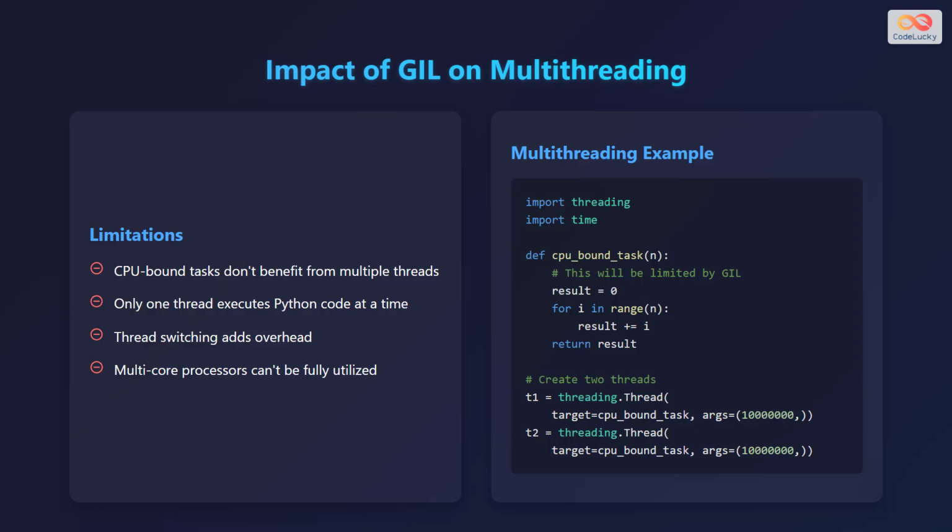Moreover, there is an overhead associated with thread switching, which can further reduce performance. Because of these limitations, multi-core processors cannot be fully utilized when using threads for CPU-bound tasks. Thus, for CPU-bound tasks, threads do not yield the performance increase.